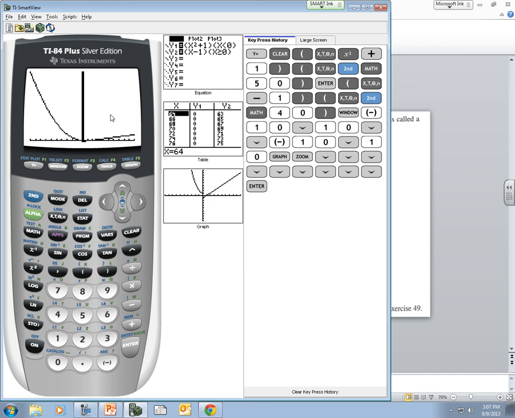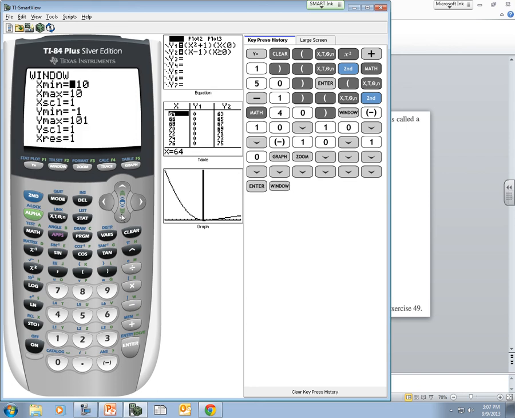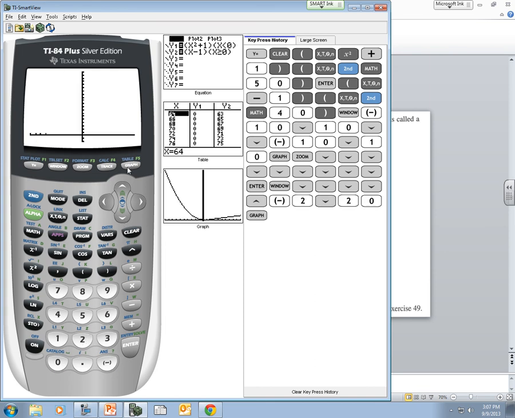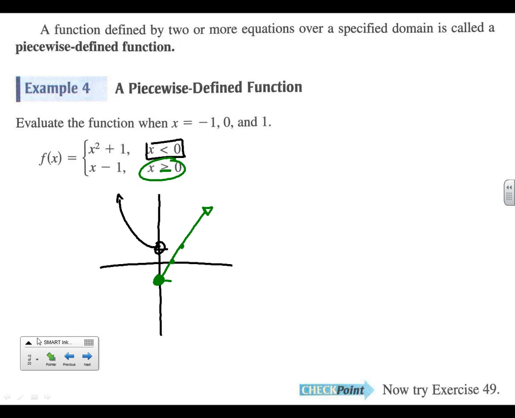Since we know it's negative 1, I might want to change my window, just my scale, negative 2 to, I don't know, 20, so I can get a better view of it. There we go, and from negative 1 spinning back up. So two different graphs, but we only graph part of each one. So see if you can do that for exercise 49.